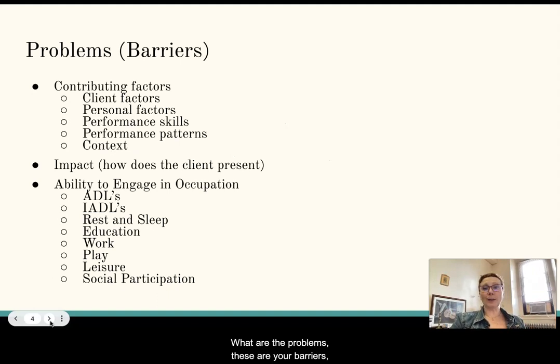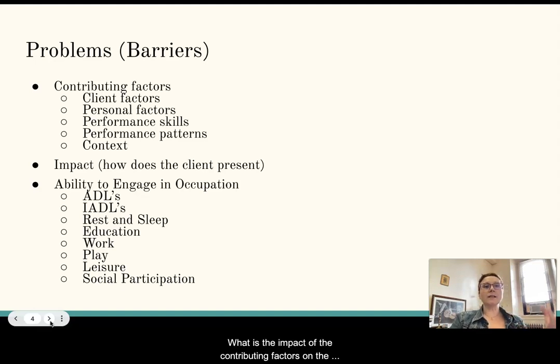So what are the problems? These are your barriers, contributing factors. This should be familiar from your SOAP notebook. What are the factors that are impacting the client? Is it performance skills? Is it habits, routines? Look at the examples in the book as to how to understand what those contributing factors are.